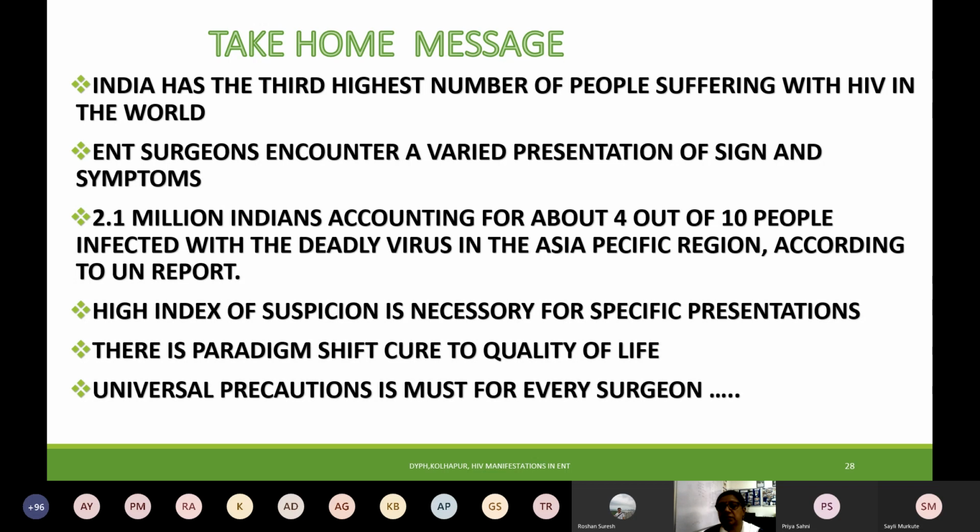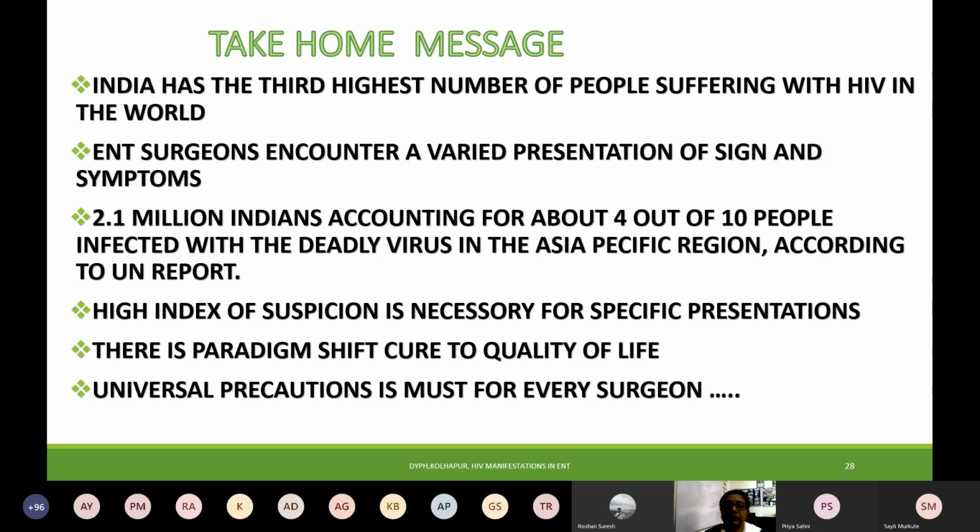The take-home message for HIV is that India has the third highest number of people suffering with HIV in the world. ENT surgeons encounter a varied presentation of signs and symptoms. This is very important, so ENT surgeons are more at risk, and not only ENT surgeons but all surgeons. In fact, 2.1 million Indians, accounting for about 4 out of 10 people, are infected with the virus in the Asia Pacific region, according to the UN report.